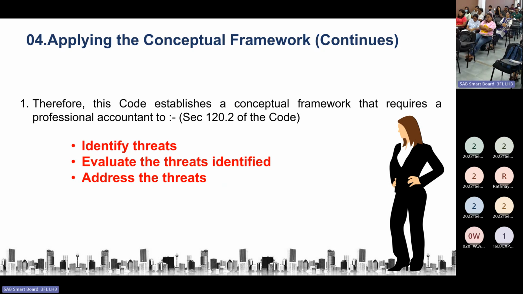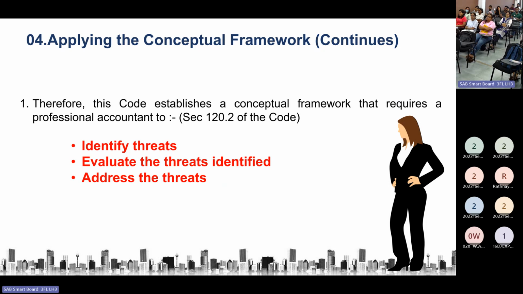I have identified the threat, then I want to evaluate it. I'm trying to find out whether I can remove this threat by telling the person who is saying that if I don't do this, they won't keep me in this job.